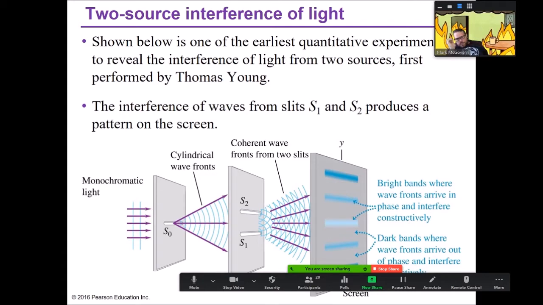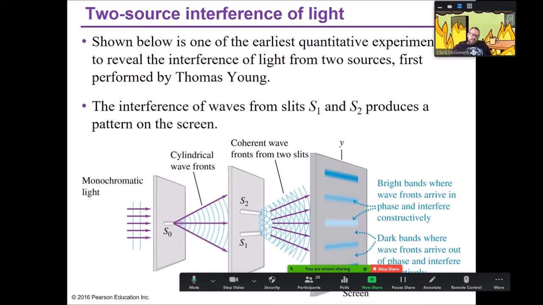And this was an extremely important experiment, arguably ushering in the notions of modern physics. We call this the double slit experiment, or sometimes the Young interference experiment. It was performed by an individual by the name of Thomas Young.